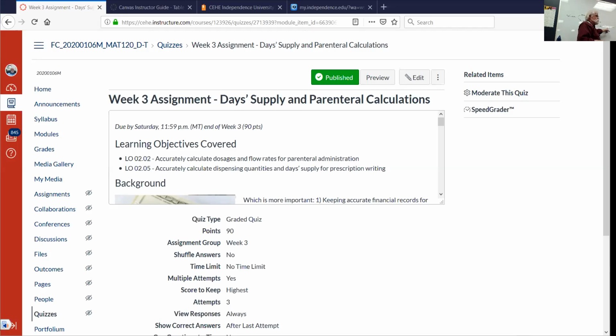If you see this abbreviation, or drops, some physicians will use the word drops instead of GTT. But if you see either GTT or drops, then you know right away that you're going to be calculating drops per minute.